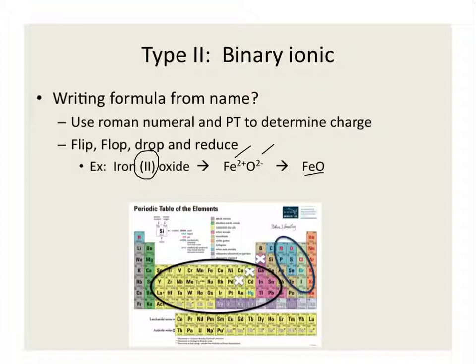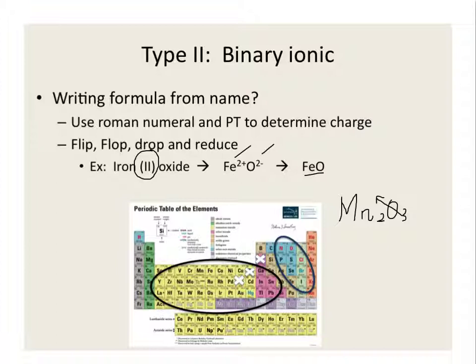Okay, another thing is, though, I can work backwards from the formula on these, and I can get the charge. Let's take an example of that. So let's say I have manganese, and let me put the formula. It's Mn2O3. So from this, remember we flip-flopped and dropped? So if you want the name, you can kind of unflip.